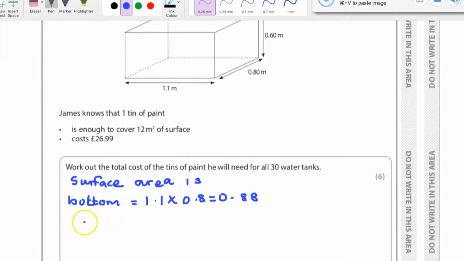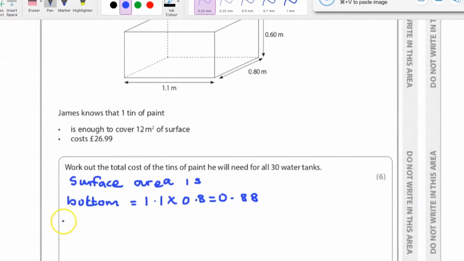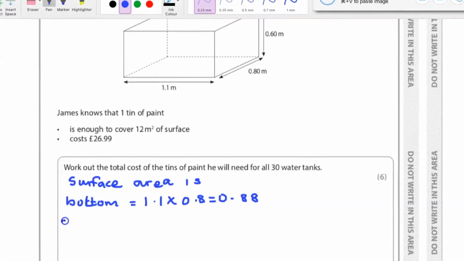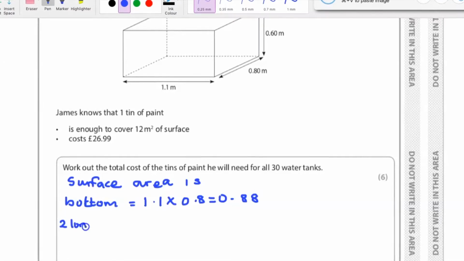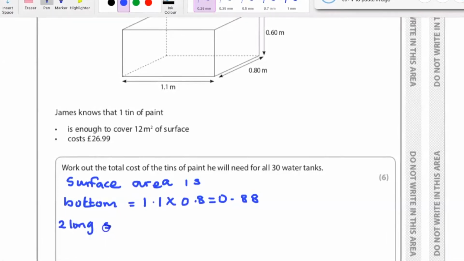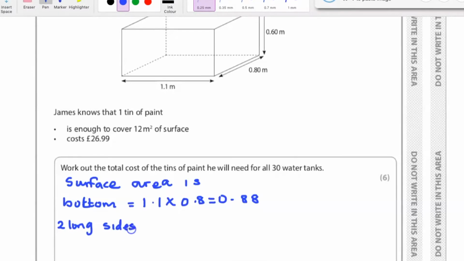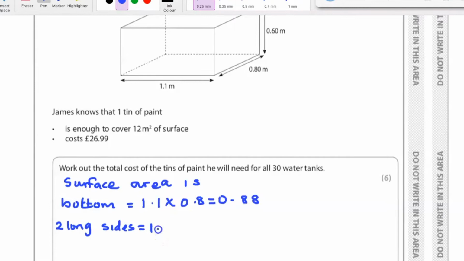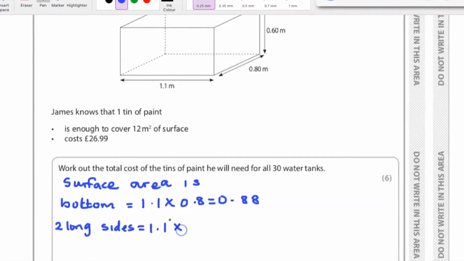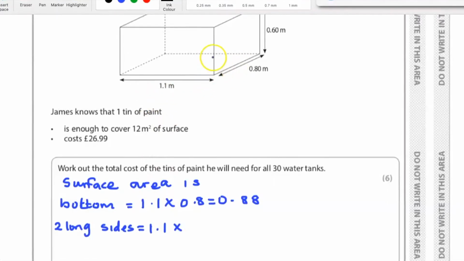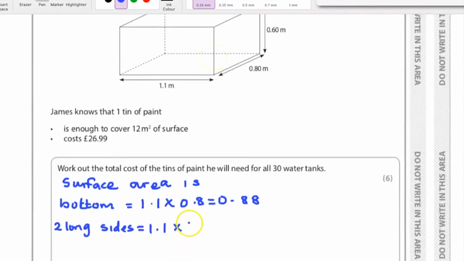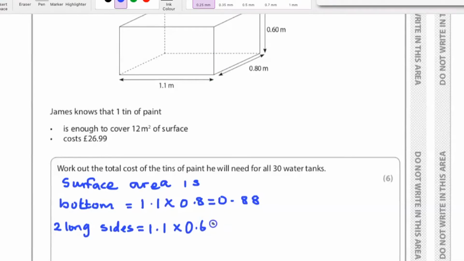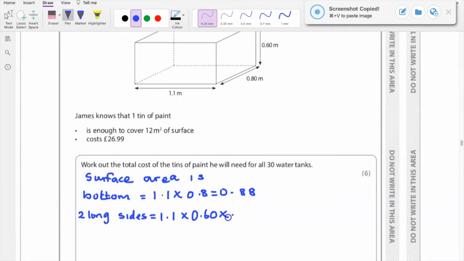Then we will look for the two long sides. That is 1.1 times 0.6 times two sides.